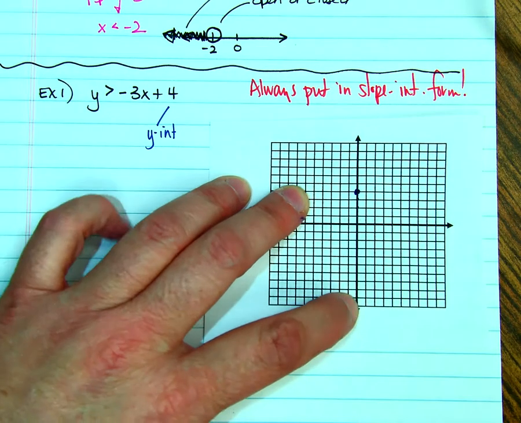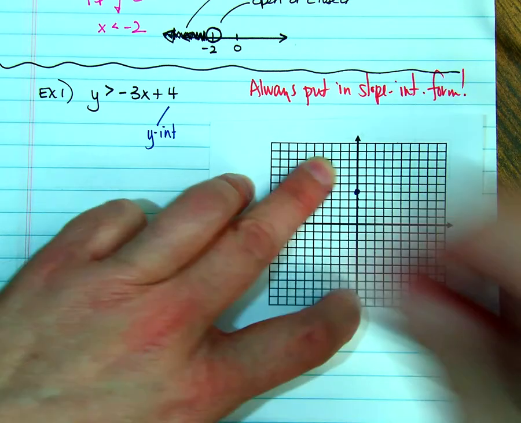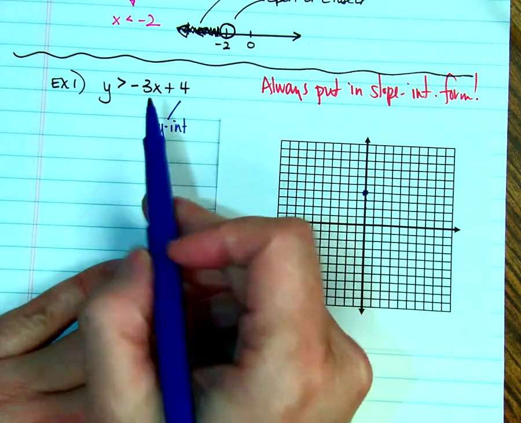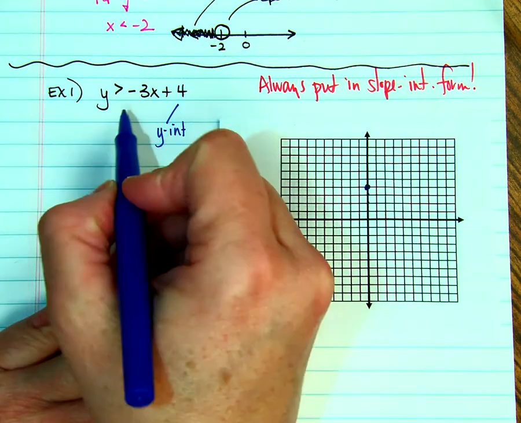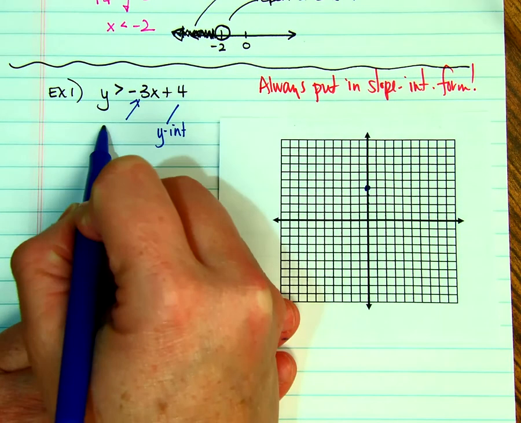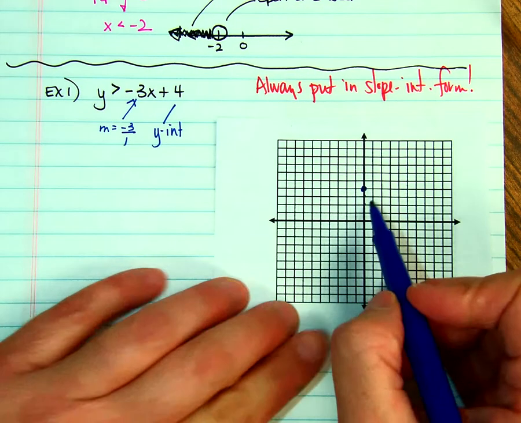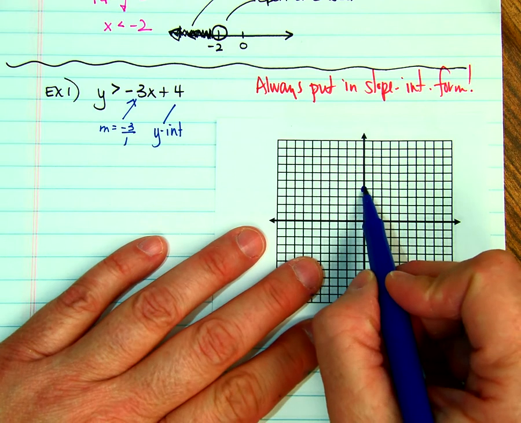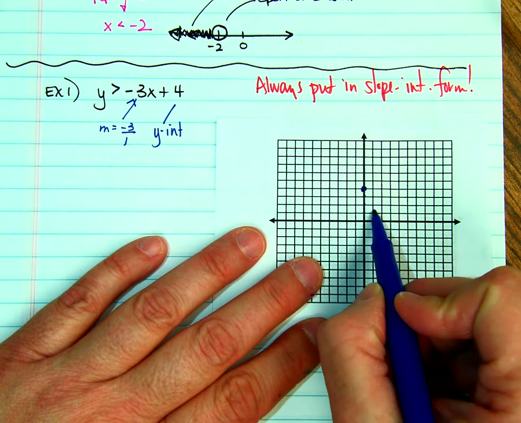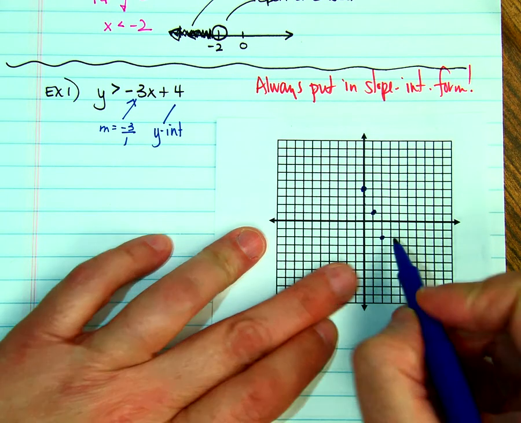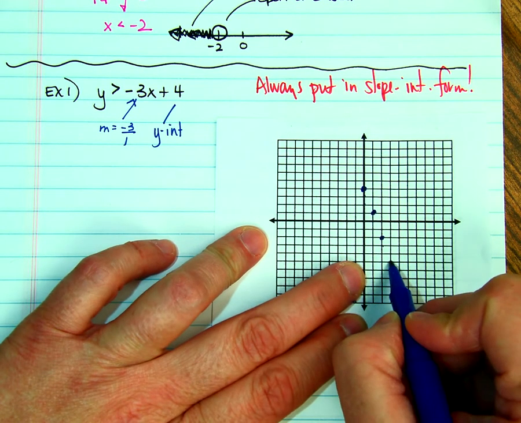Actually, I'm going to tape this a little bit so I don't have to hold on to it. Okay. And then our slope is negative 3, or negative 3 over 1. So that means from my y-intercept, I'm going to go down 3 to the right 1. I'm going to go down 3 to the right 1, and I like to do it a couple times.